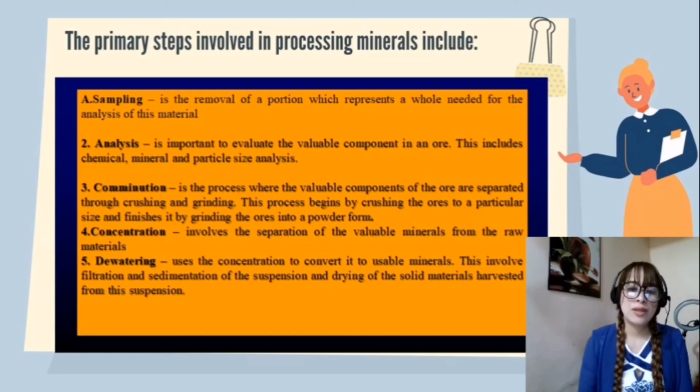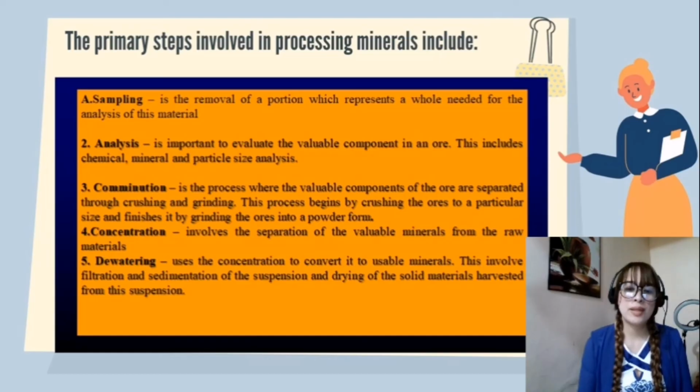Then the concentration. Concentration means the separation of valuable minerals from the raw minerals. So that's the time that you separate the important components of the minerals from those that are considered raw, which are not so useful. And number 5, dewatering. When you say dewatering, it uses the concentrate to convert it into usable mineral.